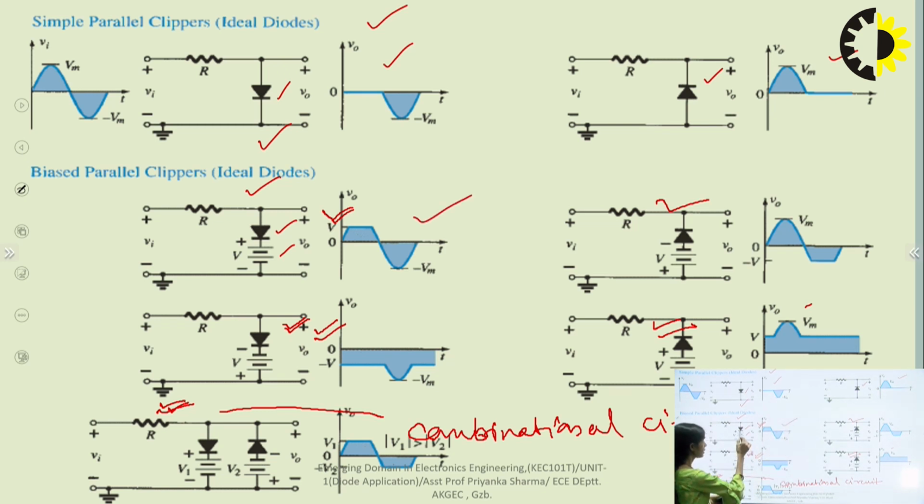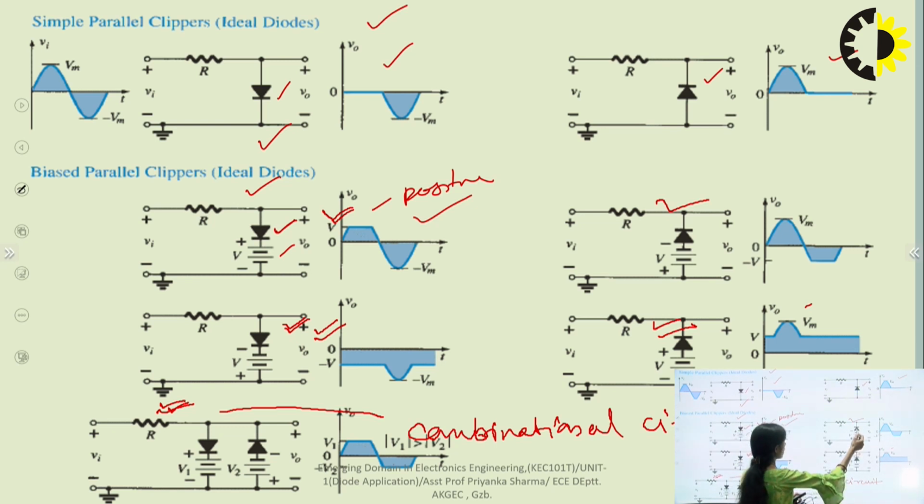In this arrangement, with the diode's P side above and the battery positive, we have this waveform. In this, the positive cycle is clipped. And in the second case, the battery is changed and the diode is reversed. We have this type of waveform obtained. In this, the negative cycle is clipped.